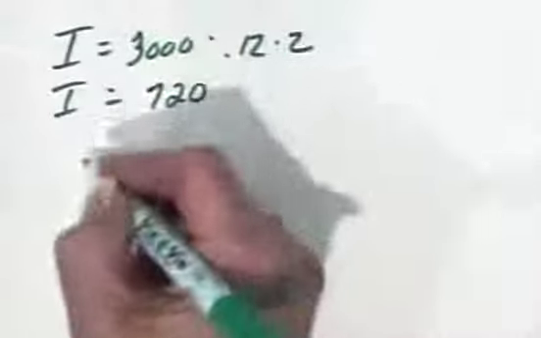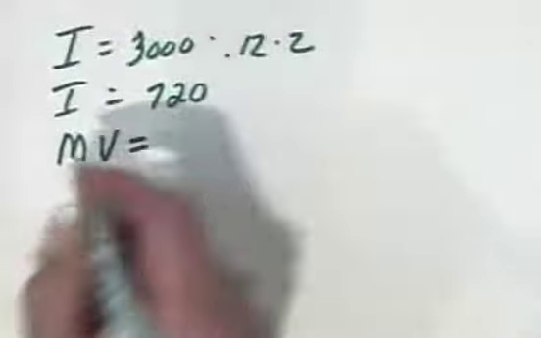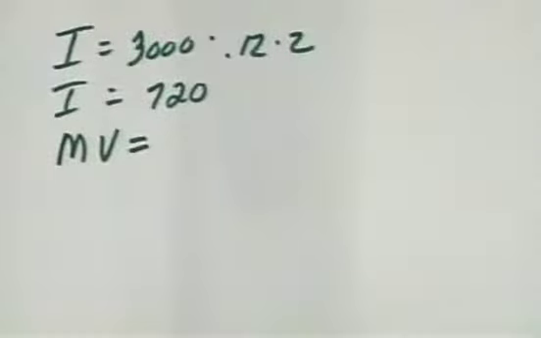How much interest would we pay on a $3,000 simple interest loan, 12% for 2 years? Who's got their calculator going already? $720.